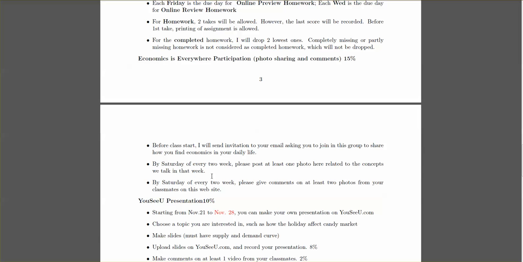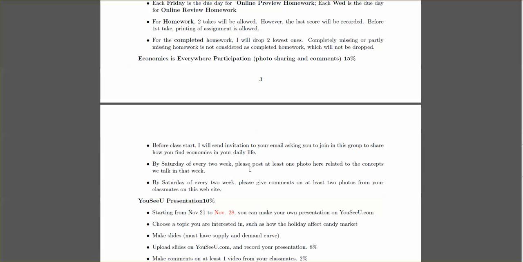You can take a photo to let people know, I do find something different here. It's about the competitive market, and they set the price almost the same, etc. And then you can find a lot of interesting things in your daily life.